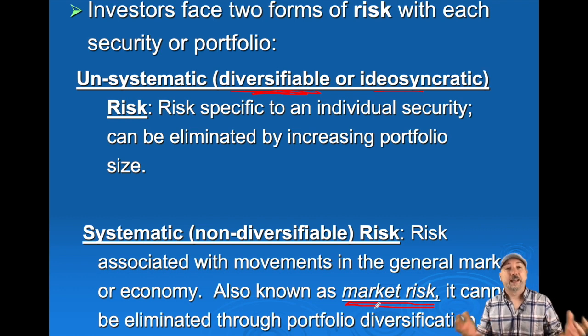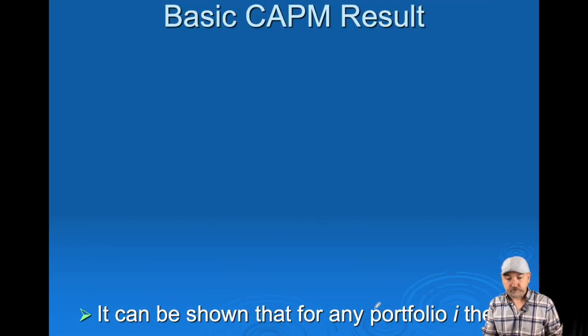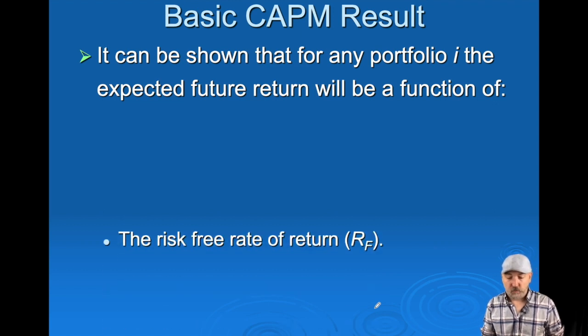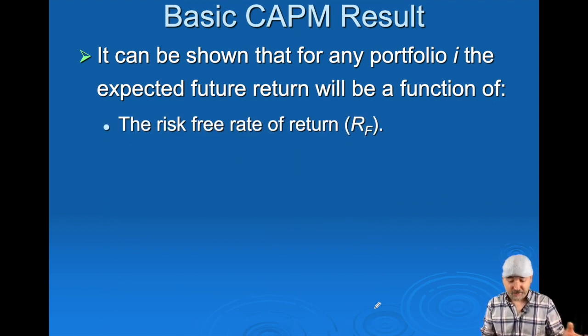Okay. So now all we have to do is think about quantitatively, how do we measure market risk? A lot of theory, a lot of math goes into what we're doing here in one slide, but this is enough for us. And especially whenever you see the phrase "it can be shown," well, that means we're going to skip a lot of math, right?